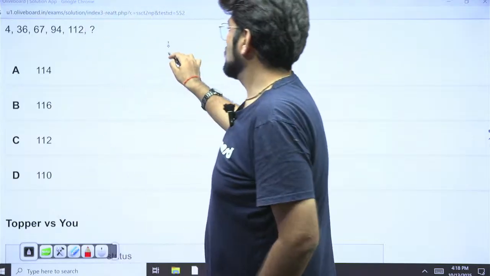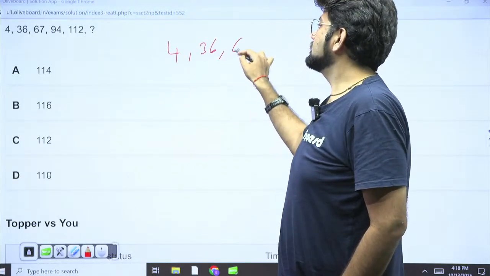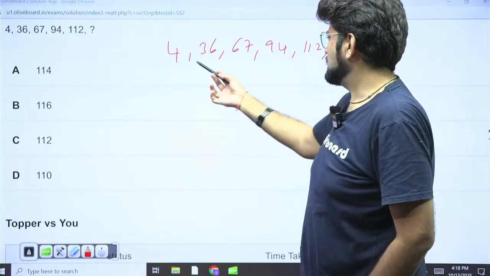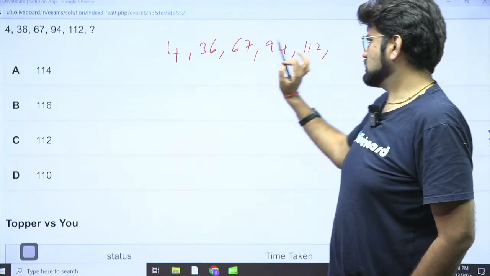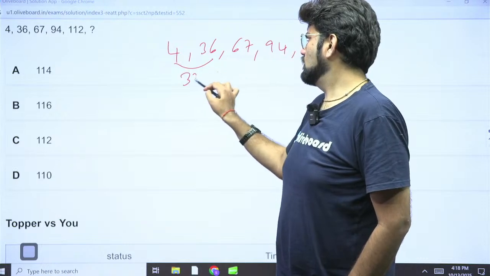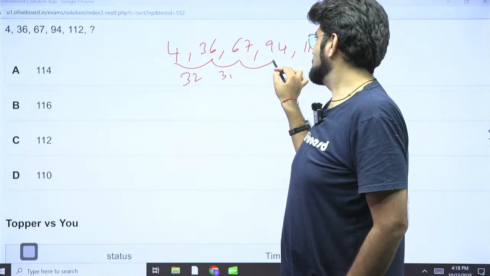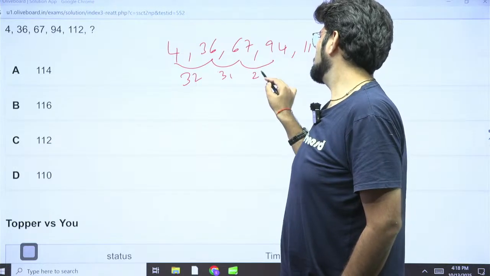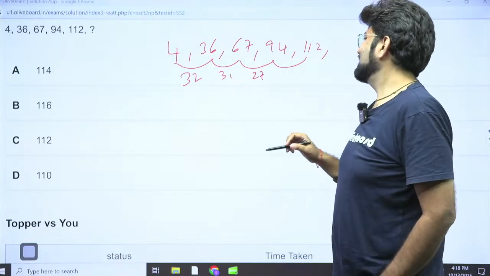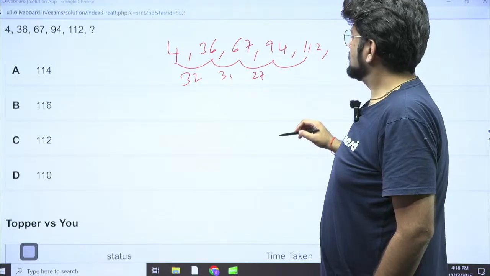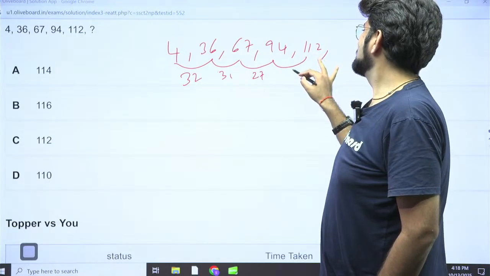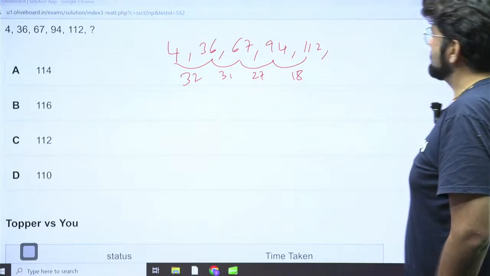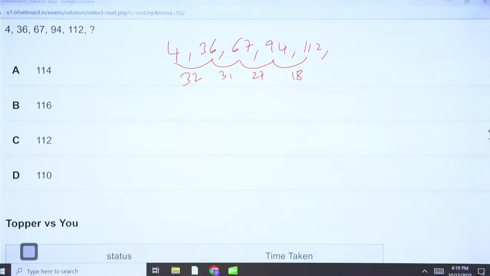Okay, 4, 36, 67, 94, 112. Let's check the difference. I think the difference is not much. It's normal only. So this is 32. This is 31. 87, 7, 27. And 6, 18. Okay.